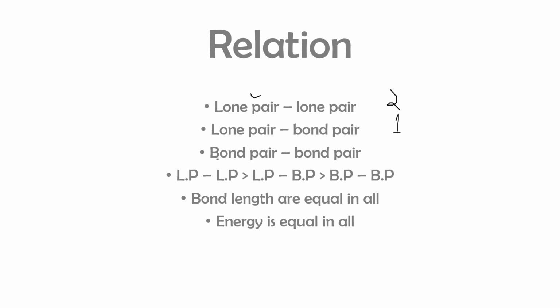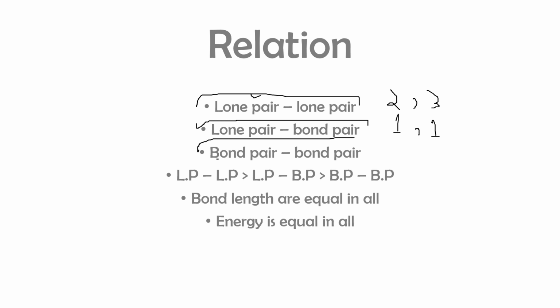It can also have 1 bond, or 3 bonds in its outermost shell. That depends. When we are talking about 2 lone pairs, we say their relation is the lone pair-lone pair relation. Between a lone pair and a bond pair, it's the lone pair-bond pair relation. After that, there's the bond pair-bond pair relation.